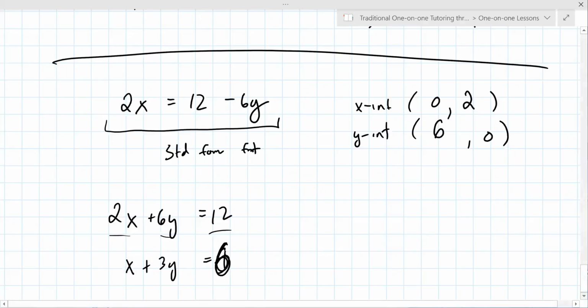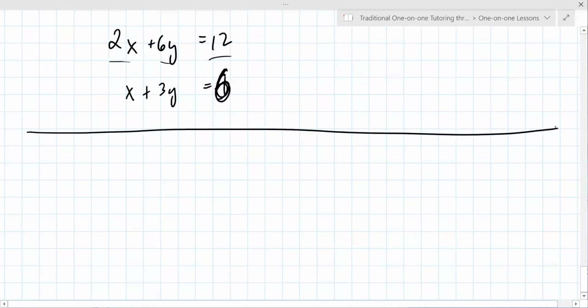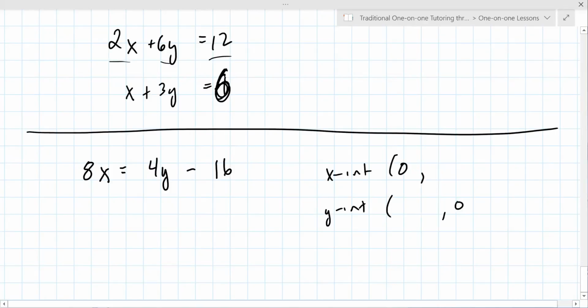Okay. Let's try another one. It's the same thing, x-intercept and y-intercept. I'm sorry, I'm doing these backwards. Let's not even do it that way. One of them is when x is 0 and one is when y is 0.